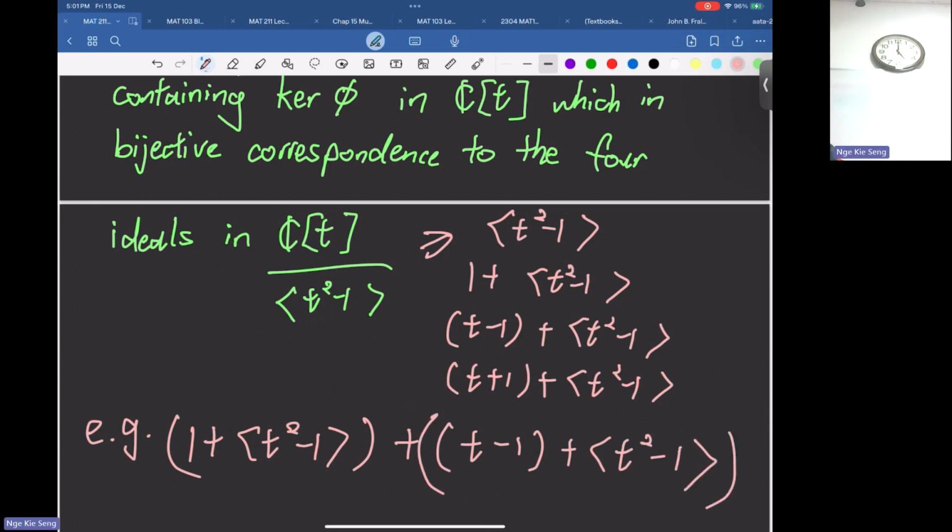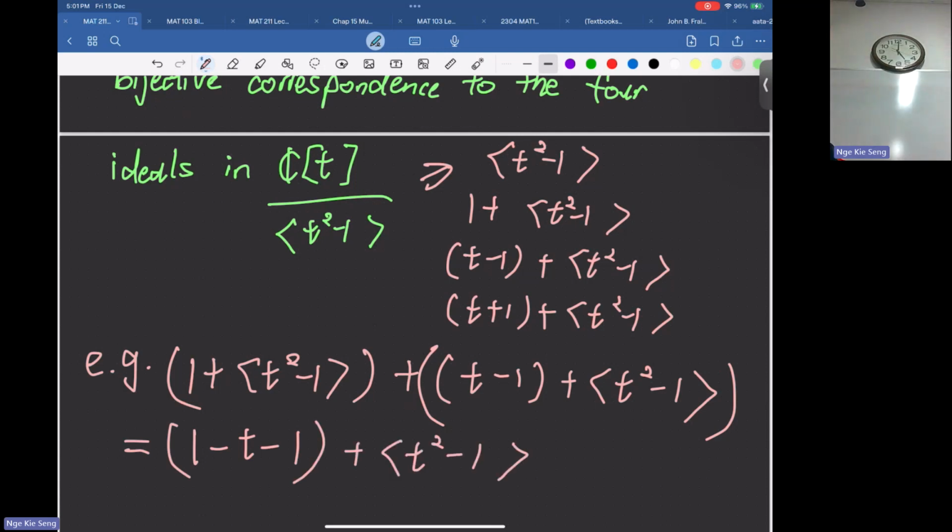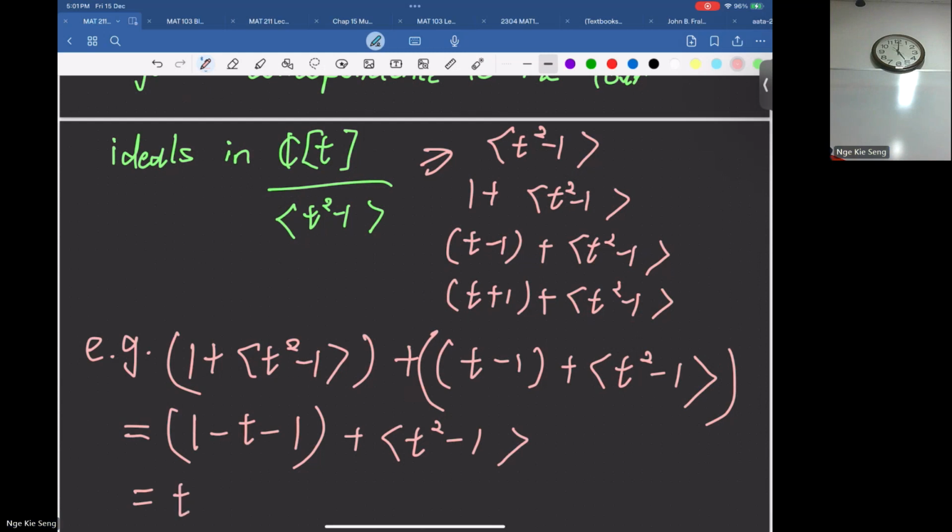Just now we said we just add up the representatives. But when I add up the representatives, I get T plus the ideal generated by T squared minus 1. But just now I claimed that there are only 4 different ones. So T plus the ideal should be one of them. So which one of them?